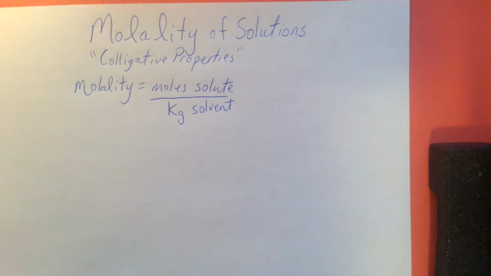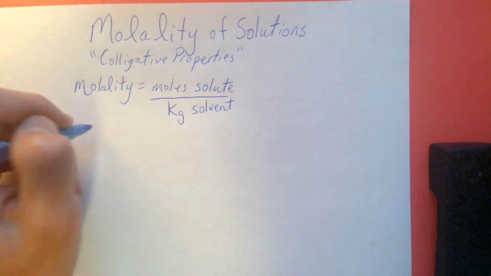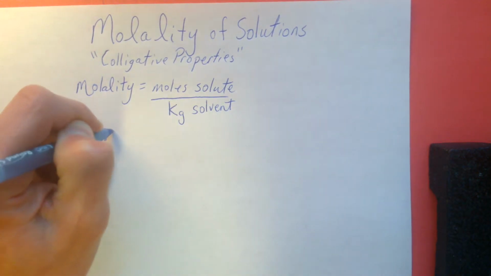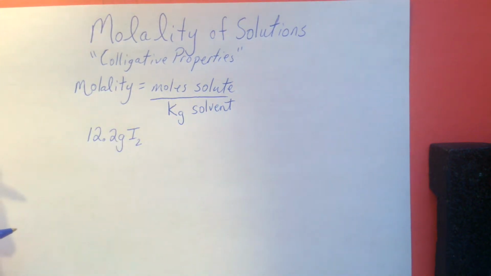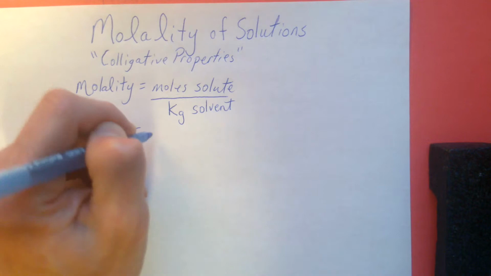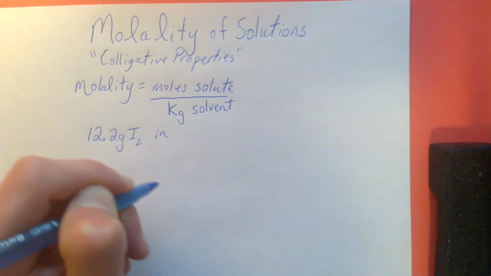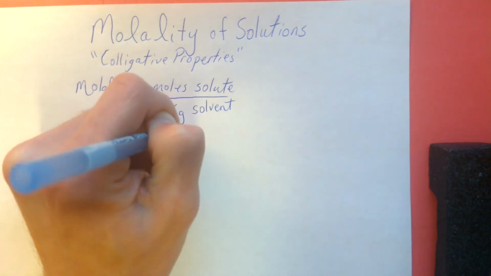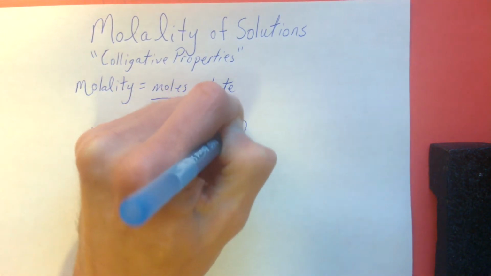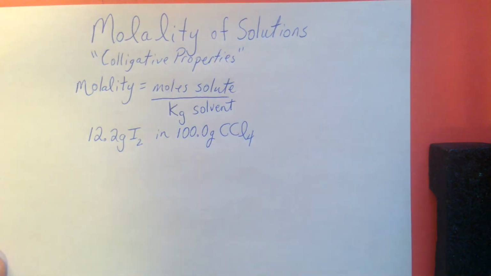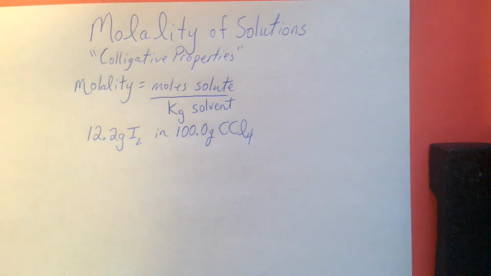So here is an example for you. We have a solution in which we have dissolved 12.2 grams of the element iodine in 100 grams of carbon tetrachloride. So we're using different elements and compounds than just a water aqueous solution here.